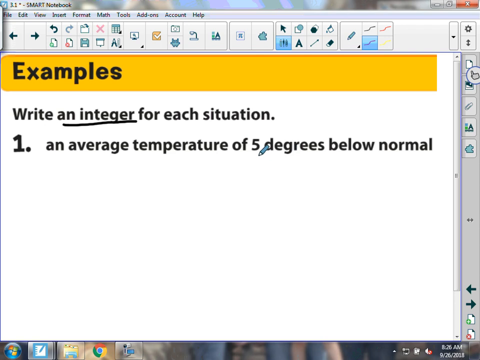So our number is 5 degrees below normal. Below is one of our keywords. So we're going to write this as negative 5. So 5 degrees below normal is going to be negative 5. That's all we do. That's our answer for that one.